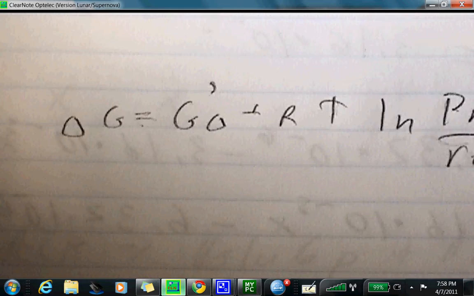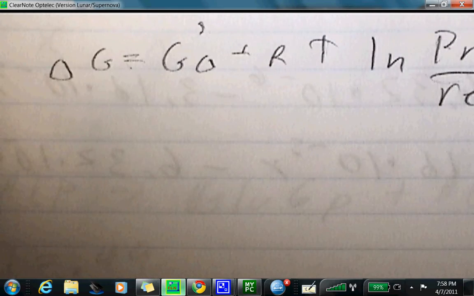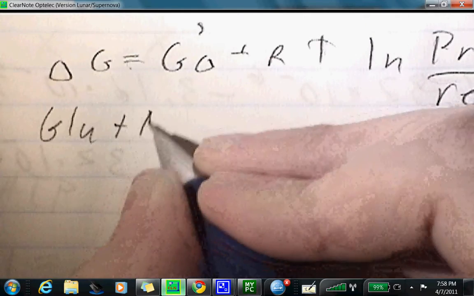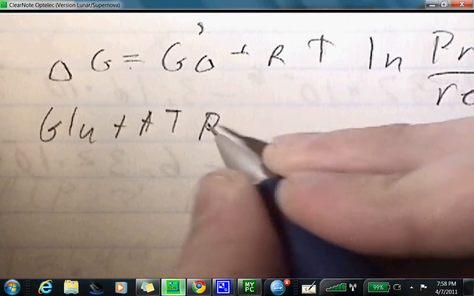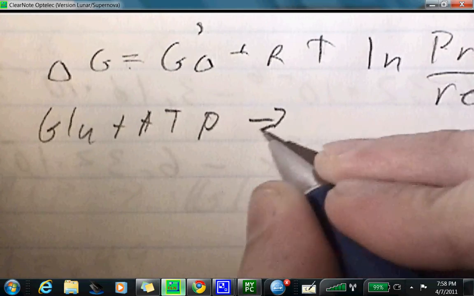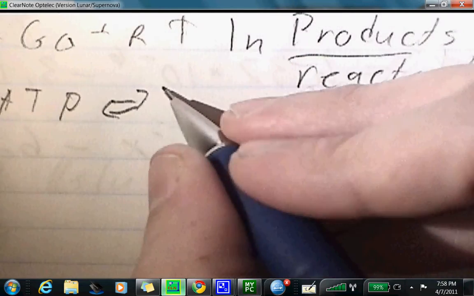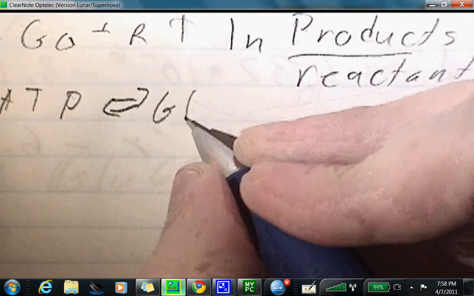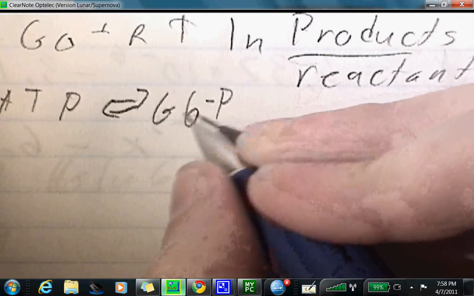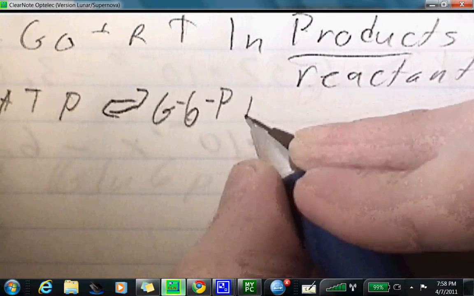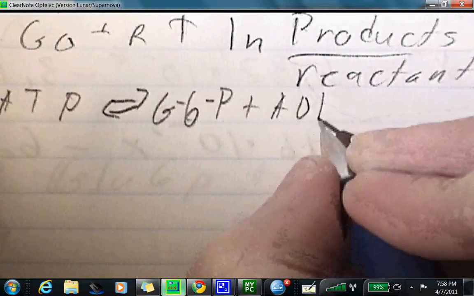Okay, so this is kind of how I did this. In order to make this go in the reverse reaction, we're going to have glucose plus ATP going to G6P, glucose 6-phosphate, plus ADP.